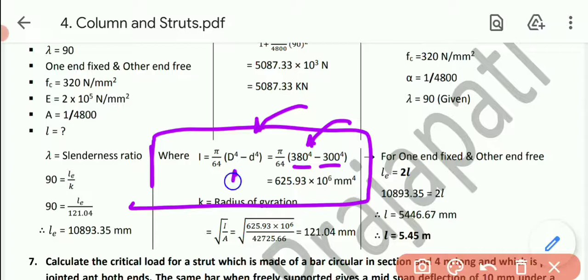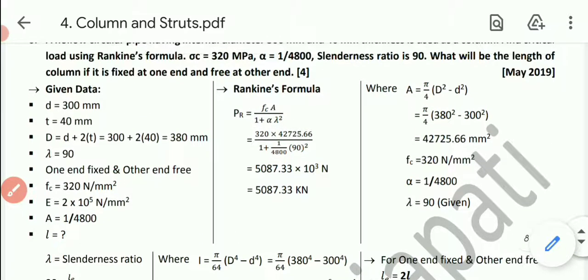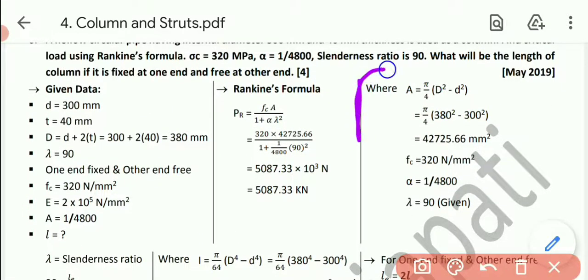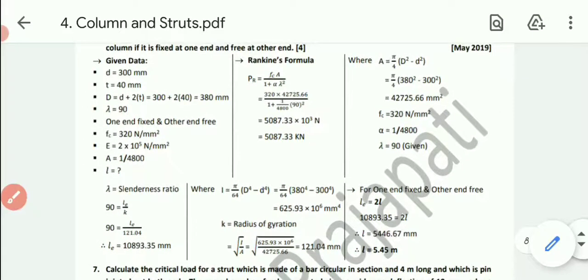Okay, so ultimately I will get I, that is 625.93 into 10 raised to 6 mm raised to 4. So once I get the value of I, now I can go for I by A. See, the value of area is over here, we have already calculated this one, 42725.66. Okay, let me just zoom the screen.